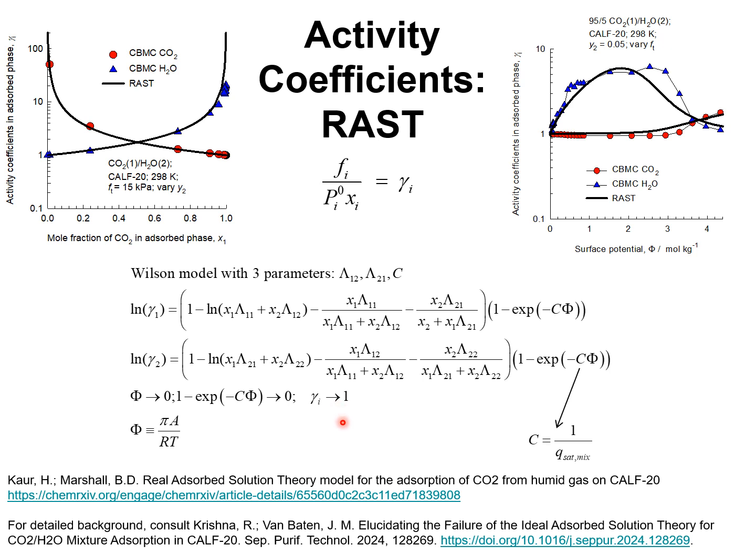So the introduction of such correction factors is of vital importance in setting up the proper RAST models to describe the variation of activity coefficients in the adsorbed phase mixture.